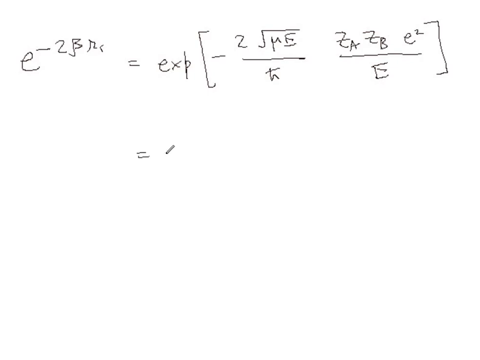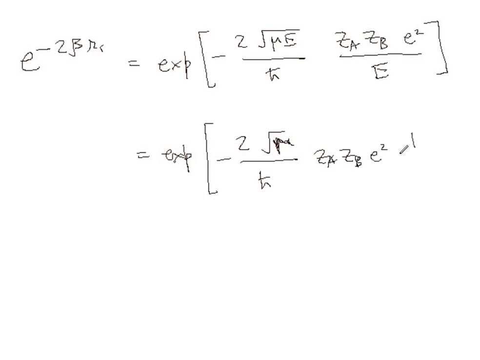Again, let me rewrite this. So this is basically minus 2 root over mu divided by h cross ZA ZB e square into 1 by root over e.